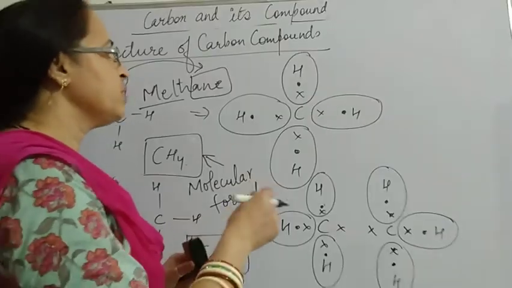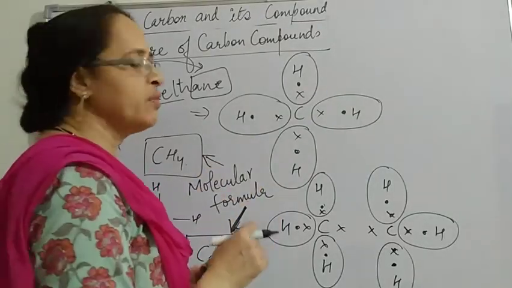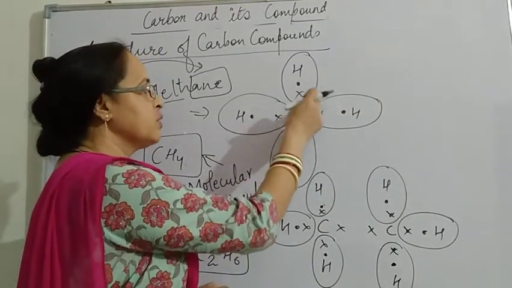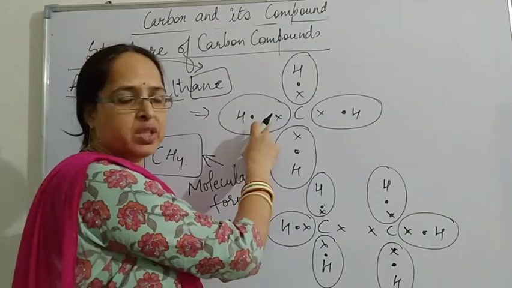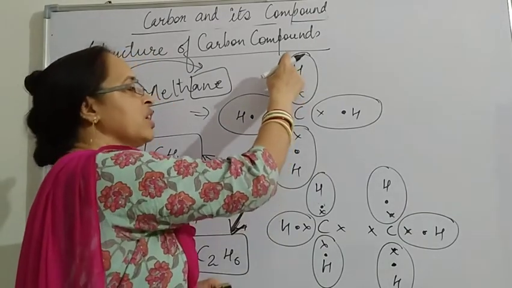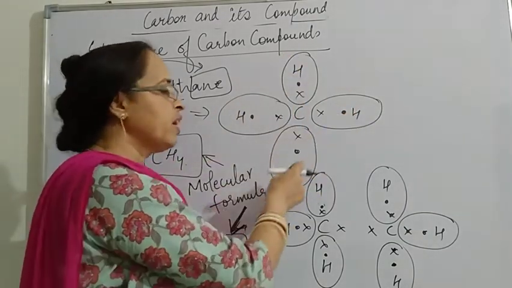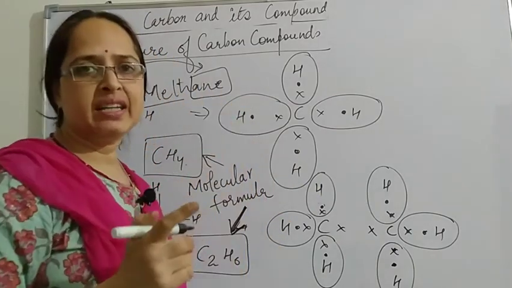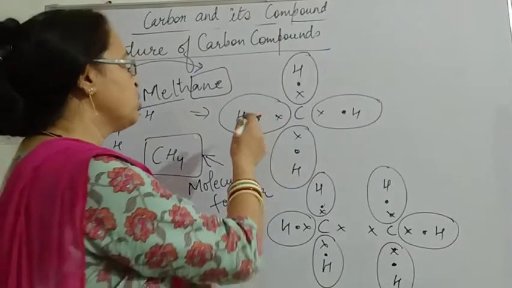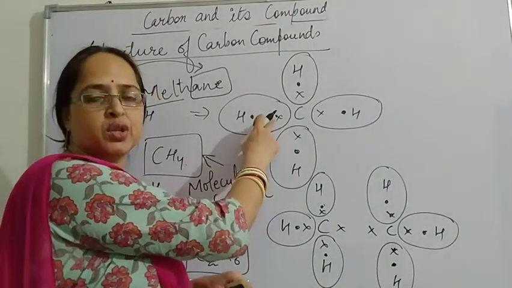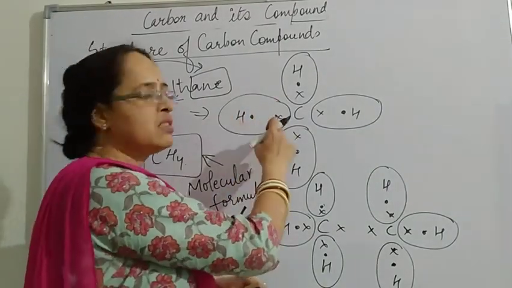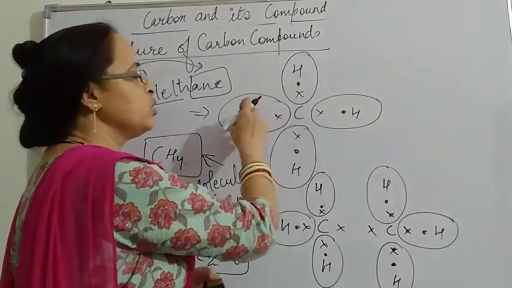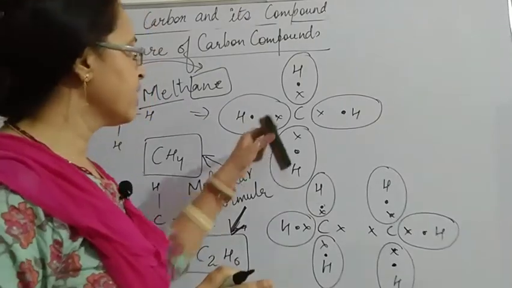In the electron dot structure, we take only the valence electrons. The carbon has 4 valence electrons, which I have marked with crosses, and each electron is covalently bonded with hydrogen. Hydrogen has only 1 electron in its outermost orbit, so hydrogen shares this 1 electron with carbon and completes the first shell, that is 2 electrons. All the 4 hydrogens will share electrons with the carbon.